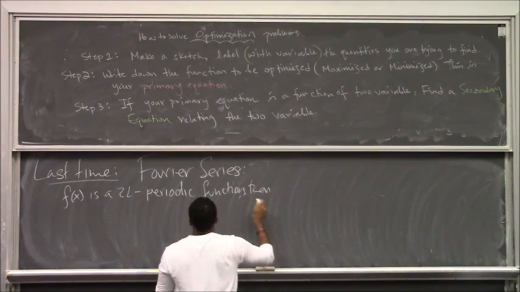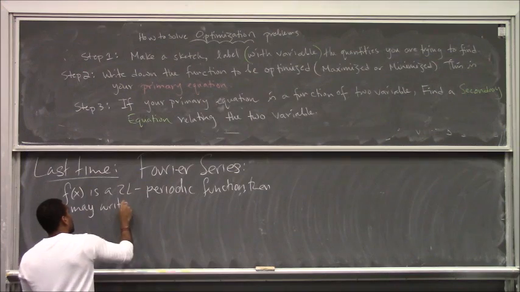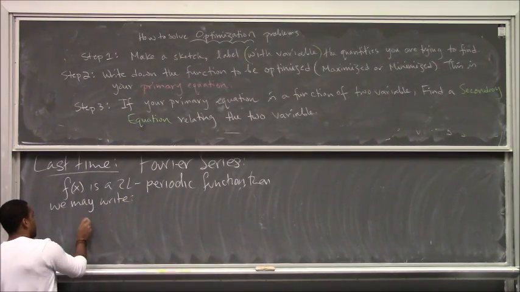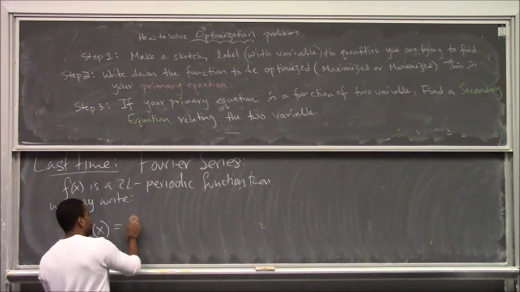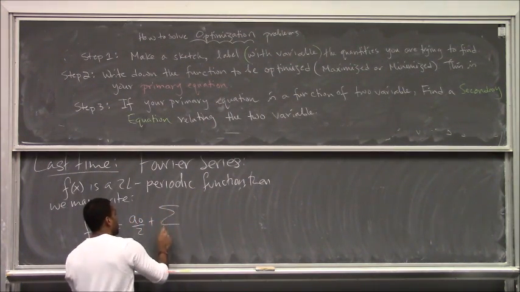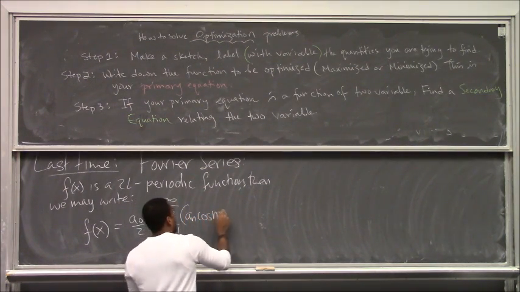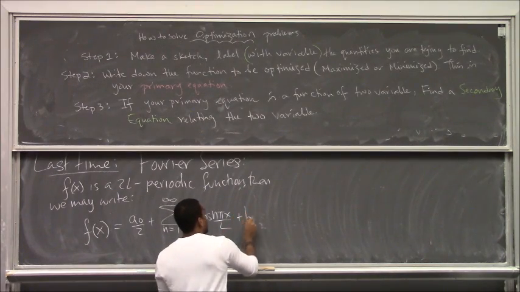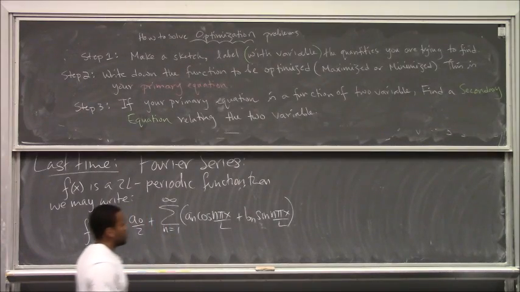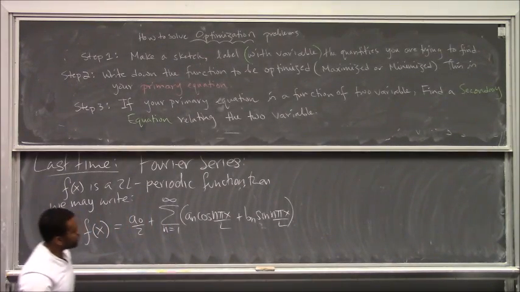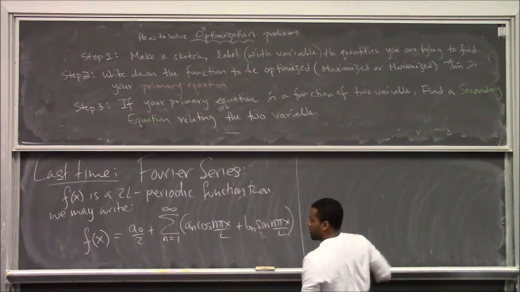Then you may write f of x as a series of sines and cosines, namely in this form, a naught over 2 plus the sum from n equals 1 to infinity of a n cosine n pi x over L plus b n sine n pi x over L. Now, of course, to make a series fit a particular function, and of course we'll have to check whether it converges or not, we need to know how to find the coefficients.